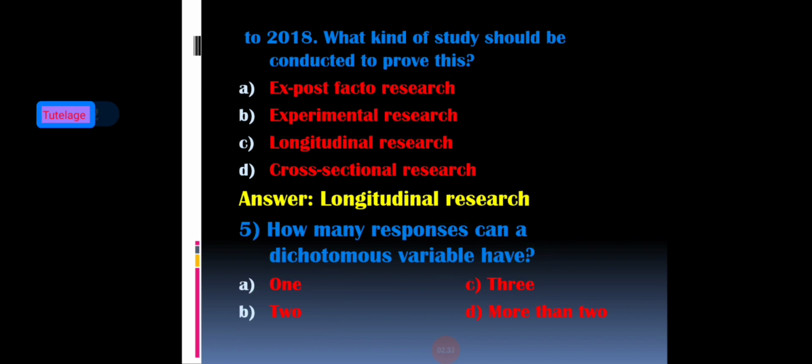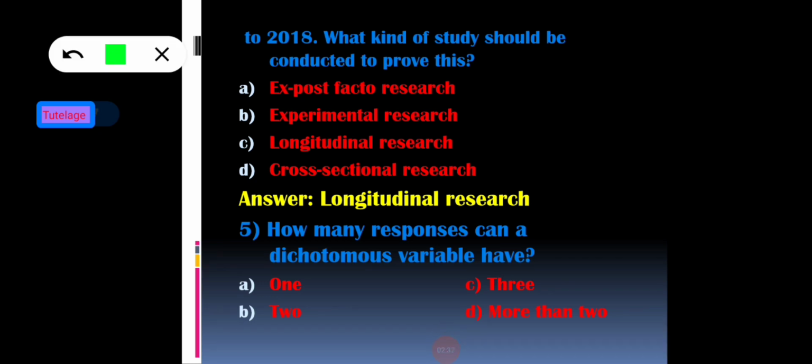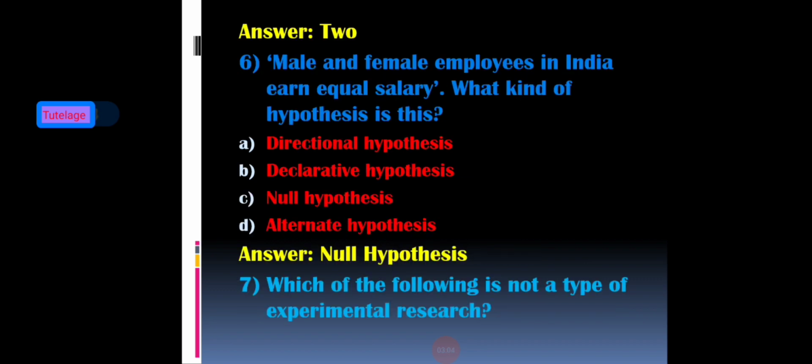Here we can see there are four options: 1, 2, 3, and the last option, more than two. But a dichotomous variable has only two responses, the relationship of two variables. So option number B is the correct answer.